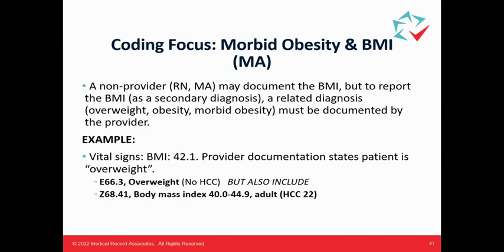For an example, such as this, in the vital signs, it's documented 42.1. And the provider documentation states the patient is overweight. You can code the overweight, the E66.3, which is no HCC, but that allows you to code the Z68.41, which is HCC 22. Okay, so you want to make sure you have both codes if you are coding the BMI.